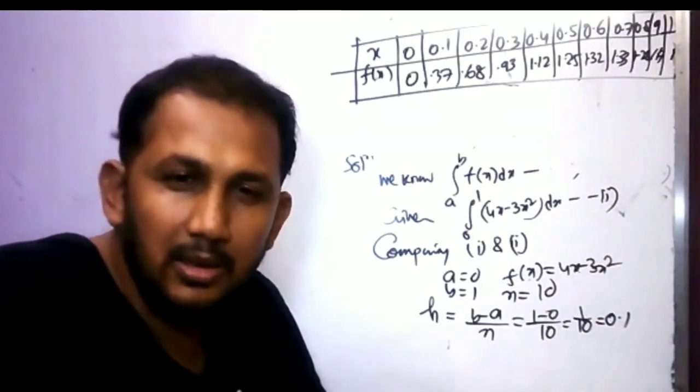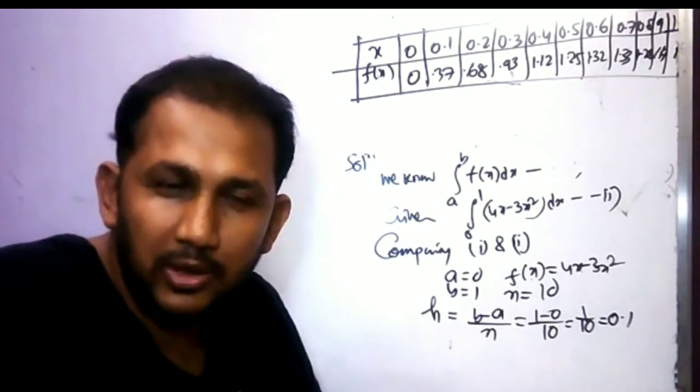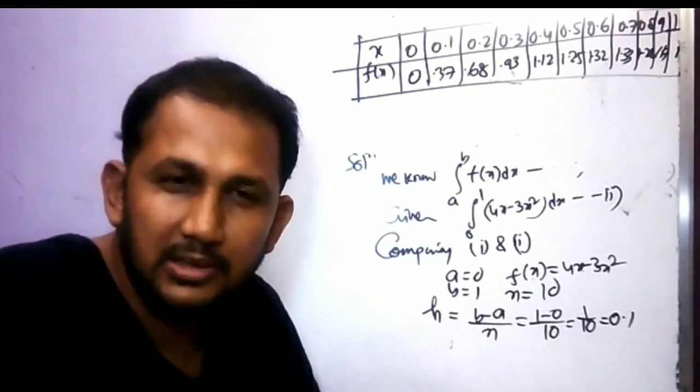This is the table formed by putting the values x equal to 0, x equal to 0.1, x equal to 0.2, and so on in f(x).